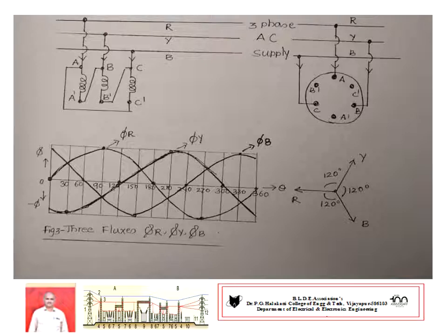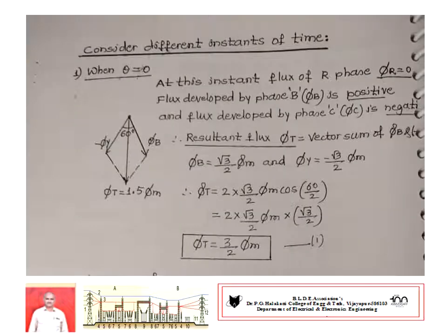Let us consider 4 instants of time: theta equal to 0, theta equal to 60 degrees, theta equal to 120 degrees, theta equal to 180 degrees. Consider the first instant, when theta equal to 0. At this instant, the flux phi r is 0, the flux phi b is positive, the flux phi y is negative.